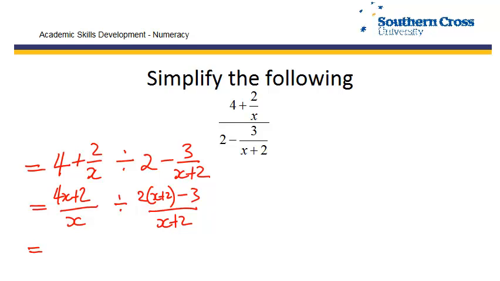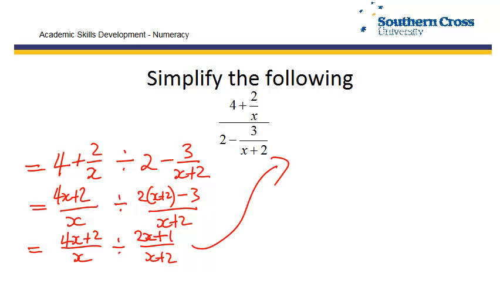Okay, so that will give us 4x plus 2 over x, divide by something over x plus 2. So it will be 2x plus 4. So the 2x bit is important. 2x plus 4, take away 3 is 2x plus 1.